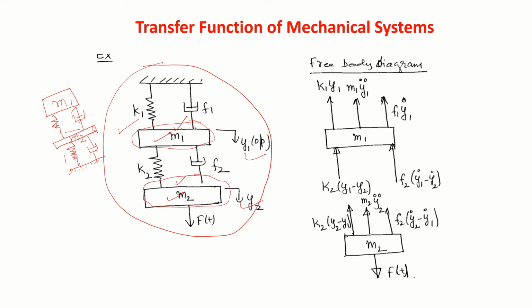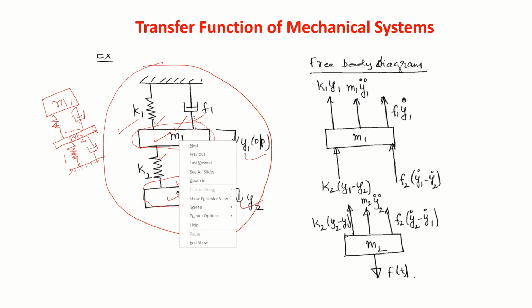Let us write the differential equation for mass m1. As I had given certain hints earlier, let's see the number of connections here: 1, 2, 3, 4 plus 1 inertia force. So there should be 5 forces.